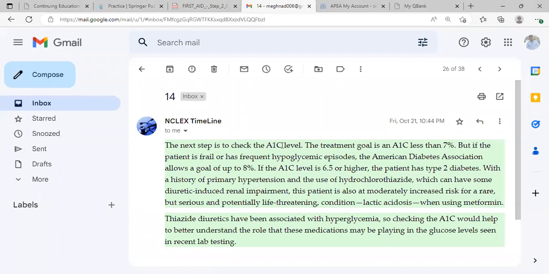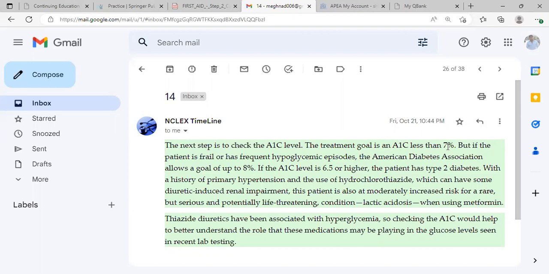So the treatment goal for a patient who presents with high blood sugar or diabetes is that hemoglobin A1C must be less than 7%. It means if you have diabetes and after medication or lifestyle modification you see your hemoglobin A1C less than 7%, it means it is under control.